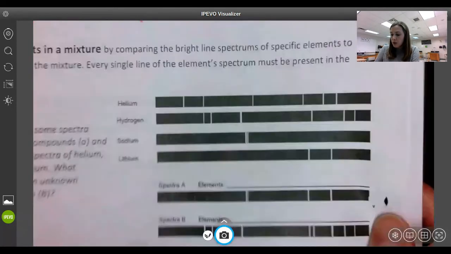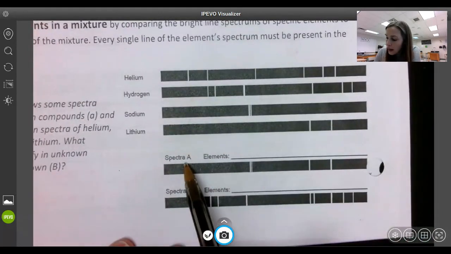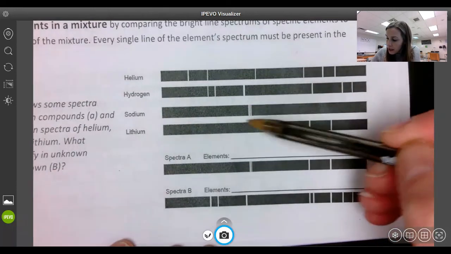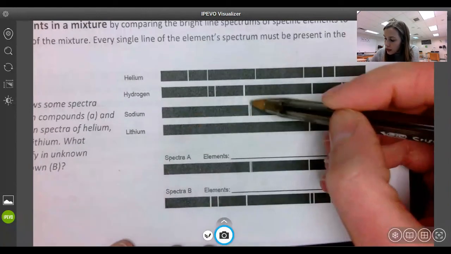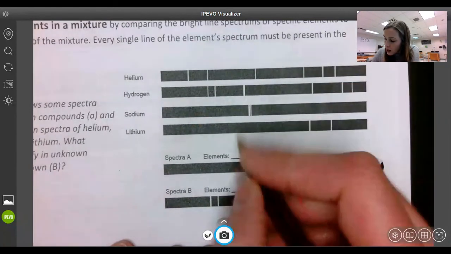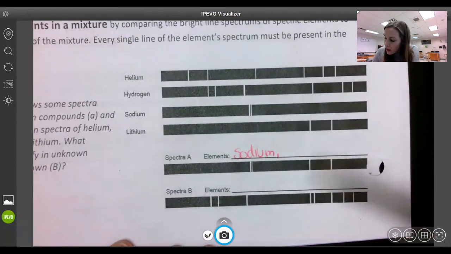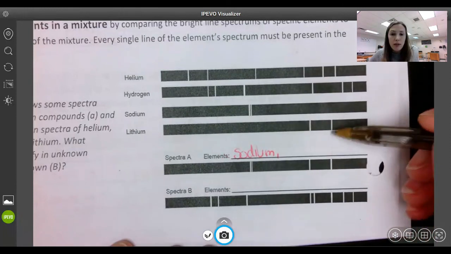So let's look at some examples. It wants us to tell what is in spectra A and B. So if I look at A and I see these two lines here, and I look at sodium and it has those two lines, there are no other lines in sodium. So as long as the mixture has both of these lines, which it does, then I know that sodium is in mixture A. Okay, if I look at lithium, I see that this line and this line both line up with lithium.